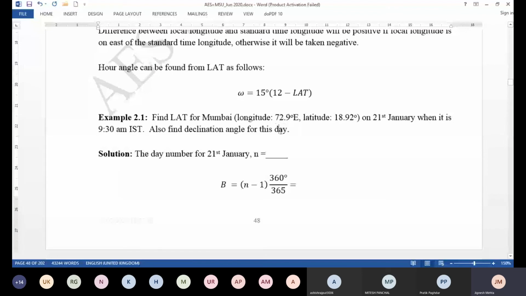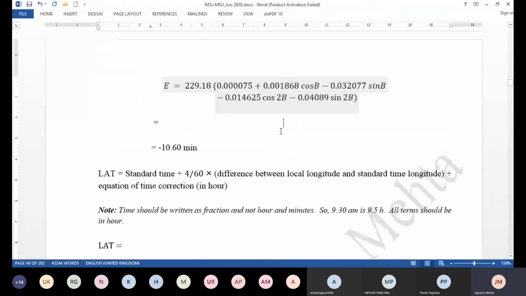So in this formula, it will be 72.9 minus 82.5. So again, that number is also negative, right? So be very sure about the sign that is to be put. It's local minus standard. It's not standard minus local. Okay. So it will be negative, even this equation of time correction.